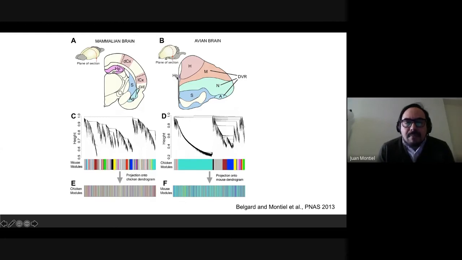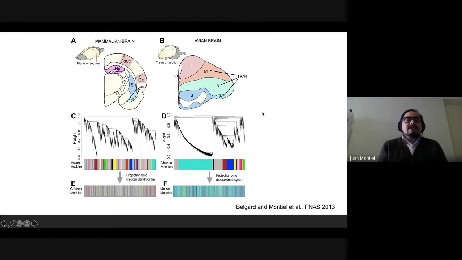We used the hippocampus and striatum as controls because nobody is debating about their homology, but we also dissected the hyperpallium, the mesopallium, the nidopallium, and the arcopallium. The mesopallium in M, and the nidopallium in N, and the arcopallium, those nuclei form the dorsal ventricular ridge.